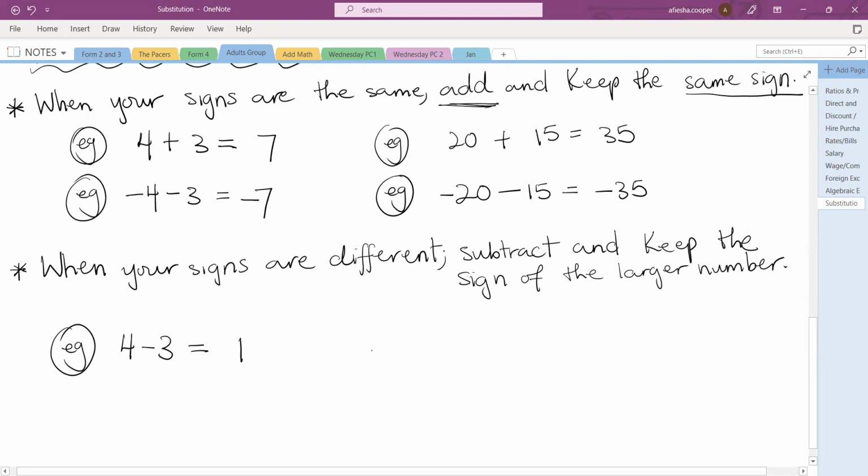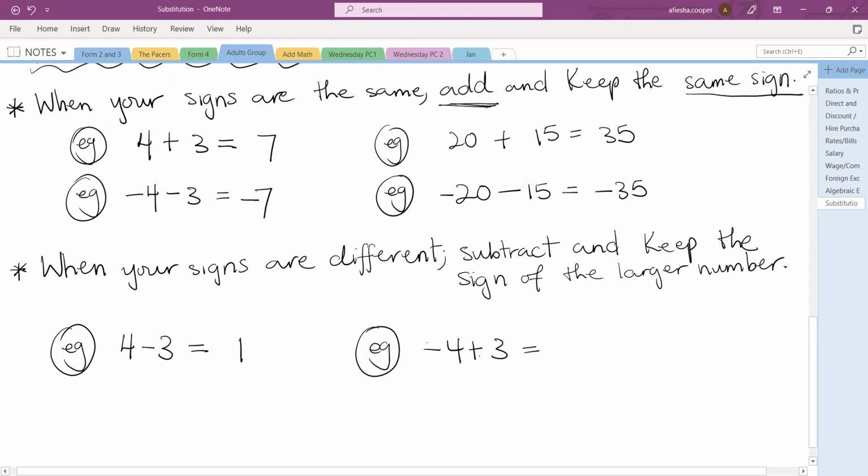So if it was a flip now and we said negative 4 plus 3. Now I am like, okay, 4 plus 3 is 7, but no, it is not positive 4, it's negative 4.